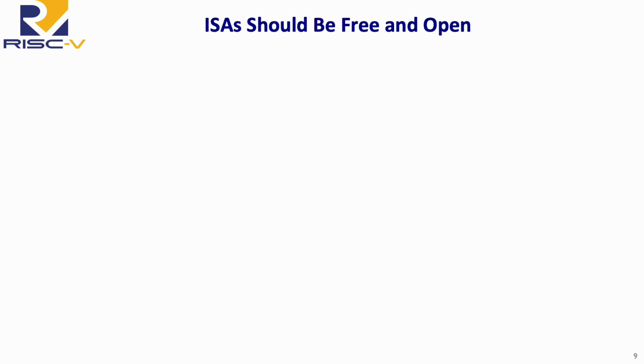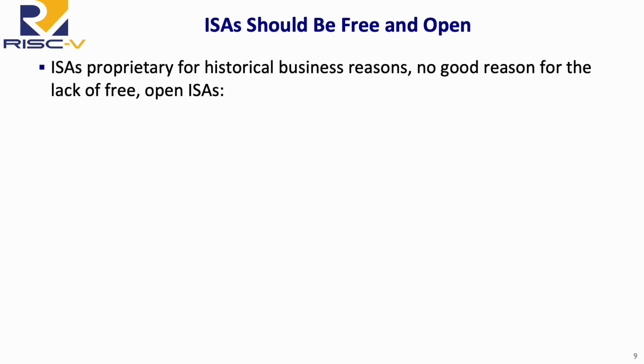So the sort of propaganda is that the instruction set architecture should be free and open. ISAs are proprietary for historical business reasons. There's no good reason for the lack of free open ISAs.